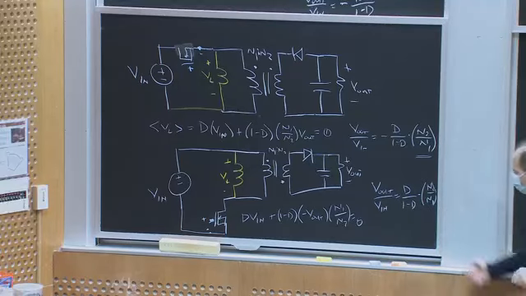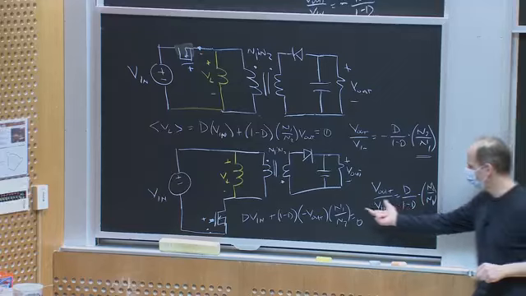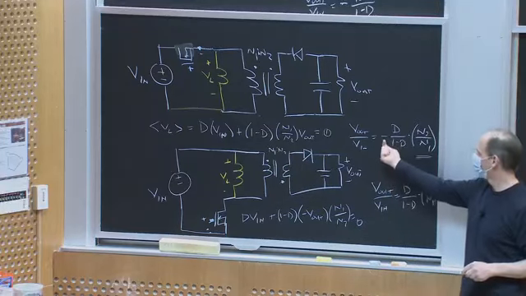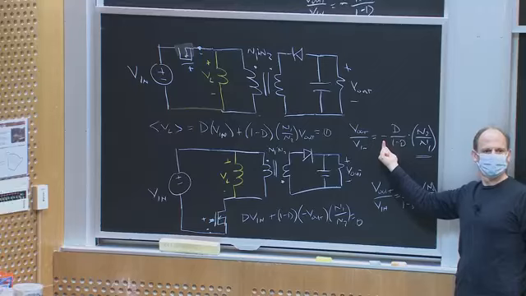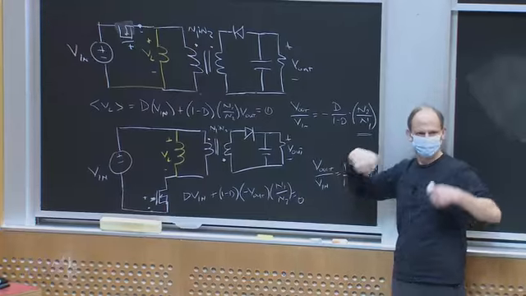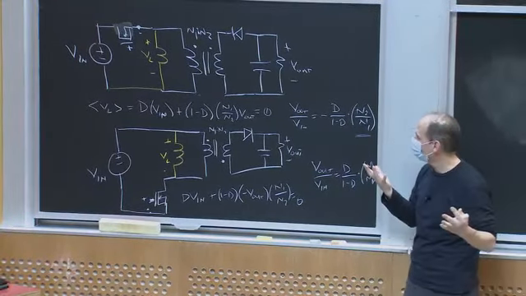Okay? So I've gotten the same thing as I did before, but because I was able to flip the way I did the transformer, I got rid of this negative sign. Right? So if I want a positive output from this converter, now I can get a positive output relative to the input. If I still want a negative output, no problem.